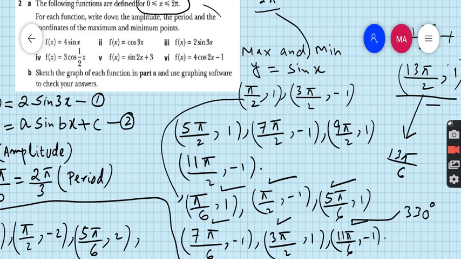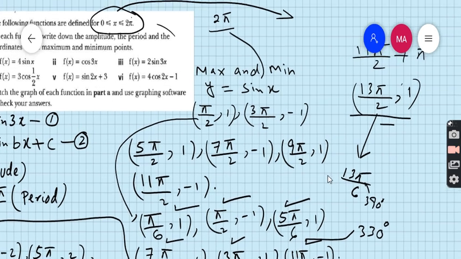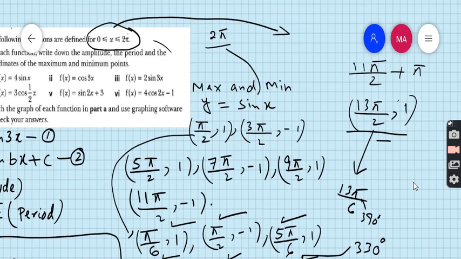And if you find 13 pi by 6 from your calculator and convert it into degrees, we will have 390 degrees. And 390 degrees is beyond 2 pi, because 2 pi is 360 degrees. That is why we don't take values after 11 pi by 2. So hope you understand completely. Now I am rubbing this because this is unnecessary work.